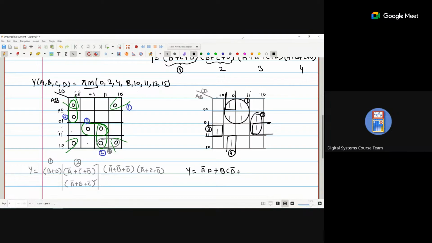Group third, A, B is constant and D is constant, so A, B, D bar. And group of 4, B bar, sigma d.